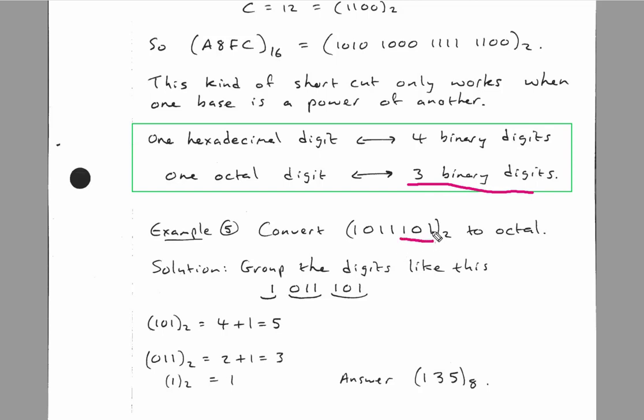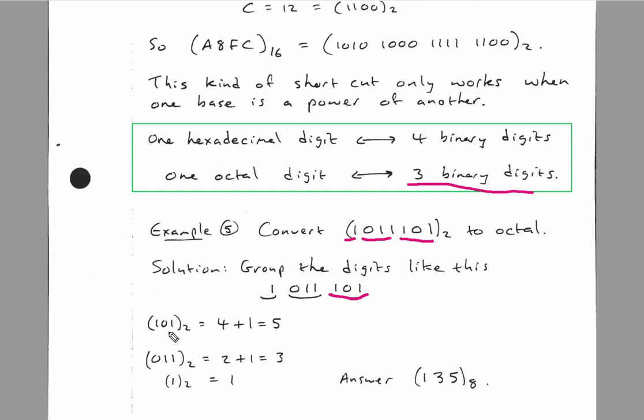So starting on the right, group these bits in groups of 3. So this part is going to give us our first octal digit.